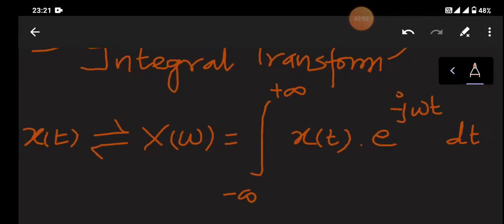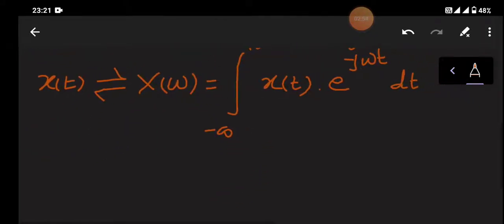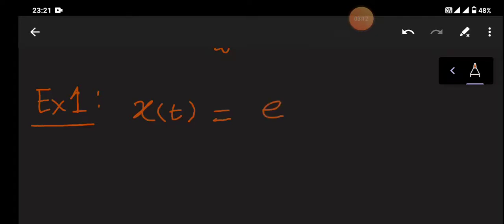So we are taking one example here. Example 1: our signal x(t) is e to the power minus a t u(t). So this is our signal.